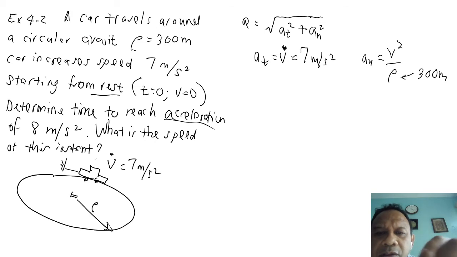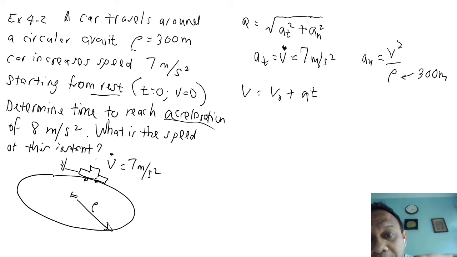But it started from rest, so v increases. v equals v naught plus at. I hope you know where this formula comes from. Our initial velocity started from rest, so it's 0, and at is v dot t. So v equals v dot t.